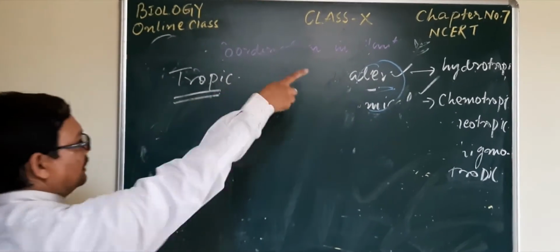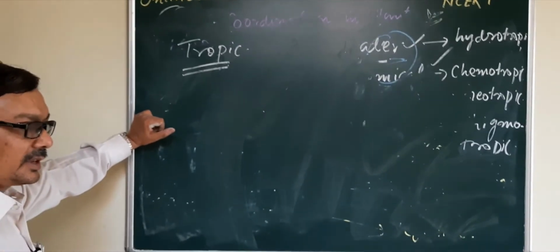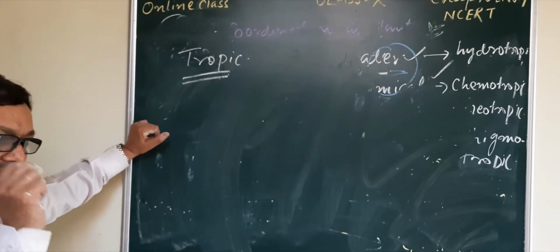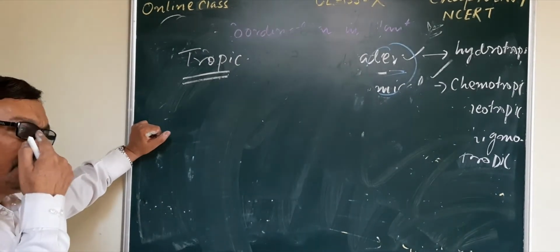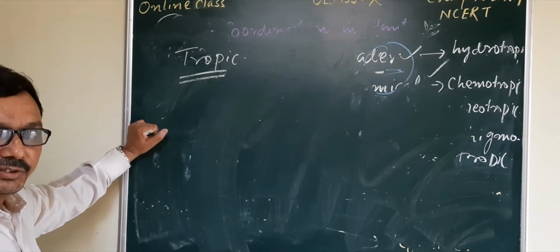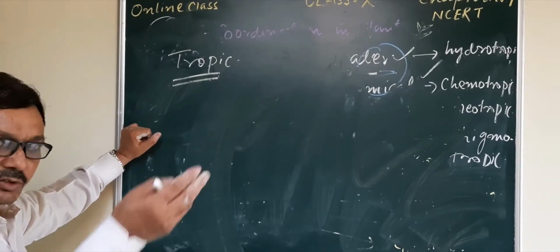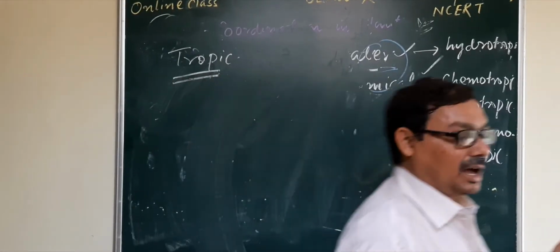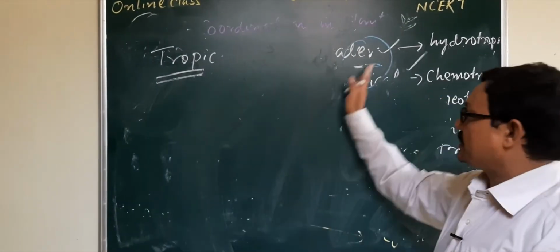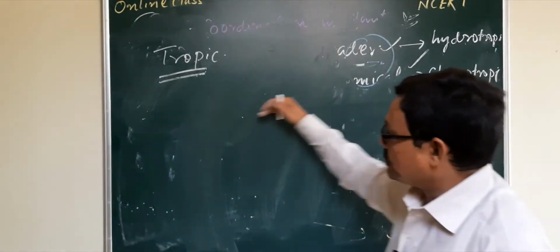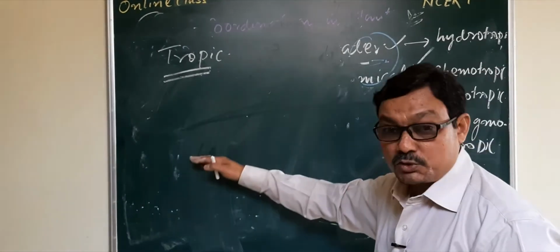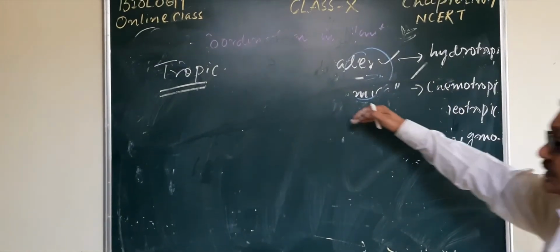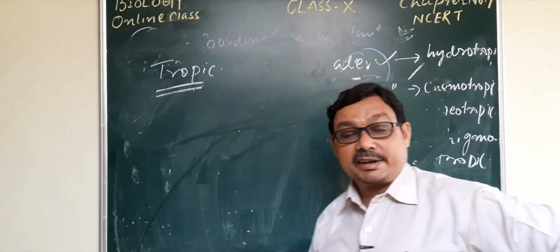Depending upon the different types of stimuli, like when we are talking about light as a stimulus, or the responses in that light, the movement of the plant body, part or parts of the body may be towards the source of the light, or maybe against the source of the light. Here the example is that the shoot system will move towards the source of the light, and the root system will move against the source of the light.